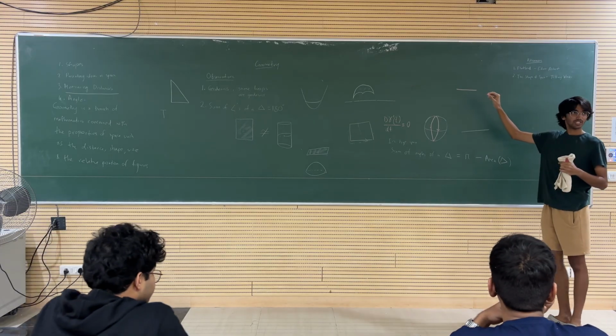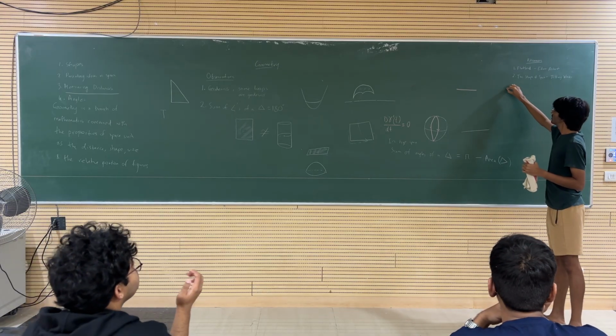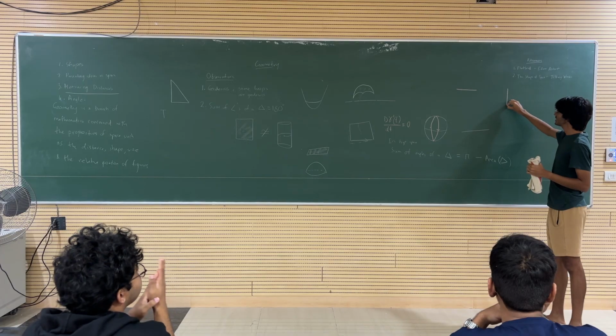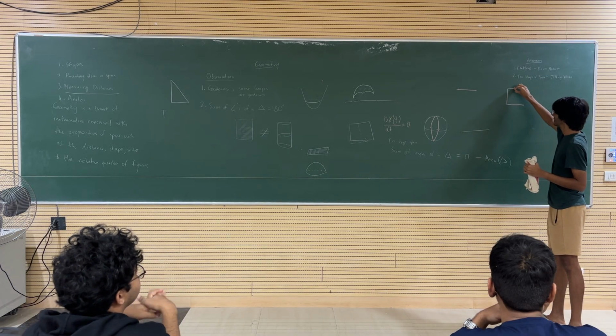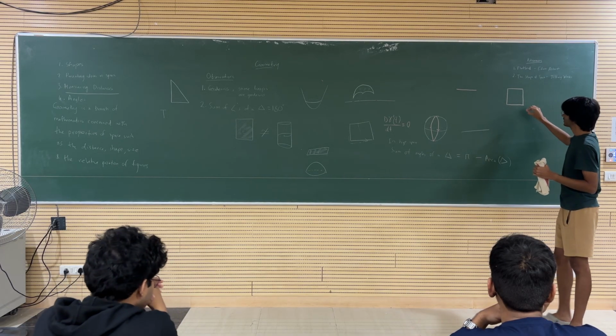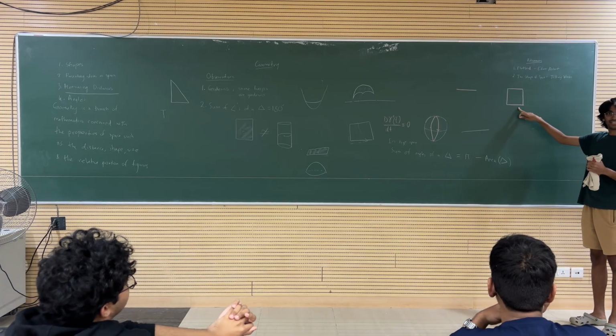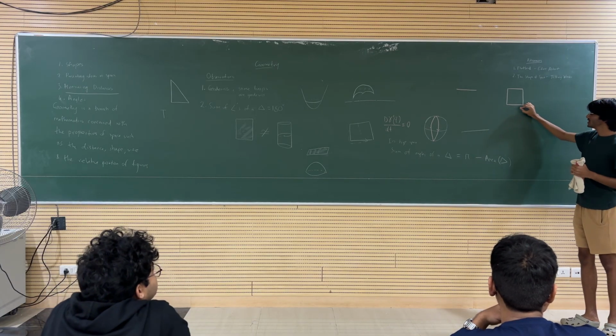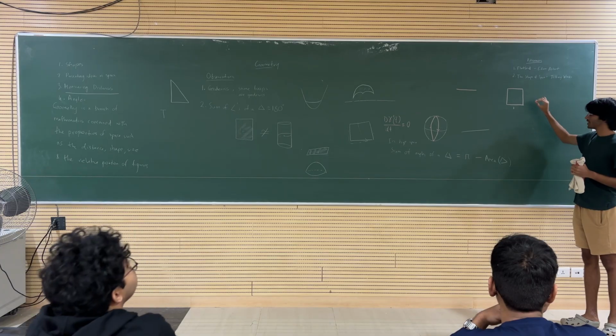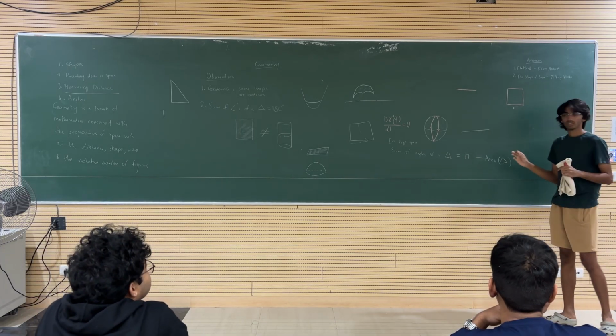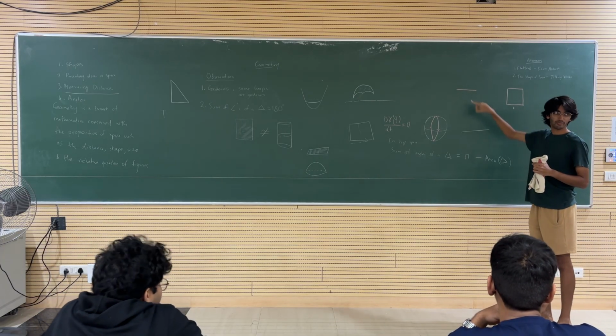So for a square, what will happen is, well, initially if the square starts out like this, if you're looking at this edge, which has length 1, suppose, then the length of this line is 1.